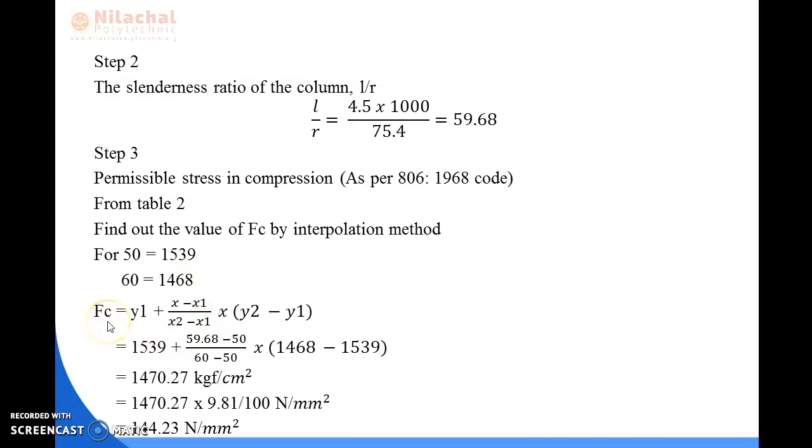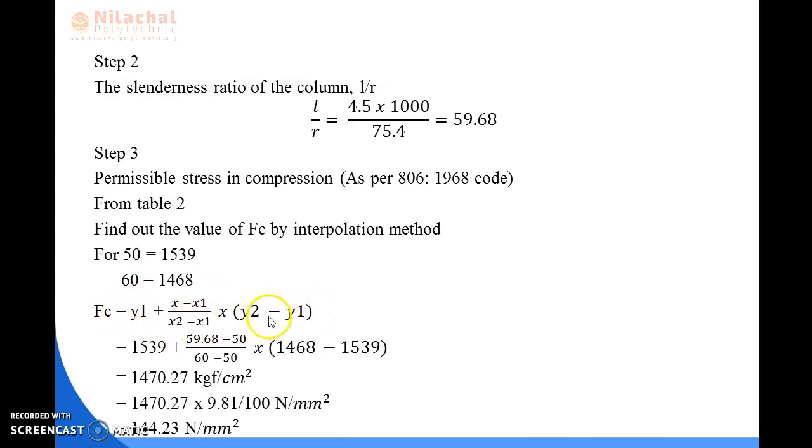By the method of interpolation, Fc is equal to y1 plus (x minus x1) divided by (x2 minus x1) multiplied by (y2 minus y1).